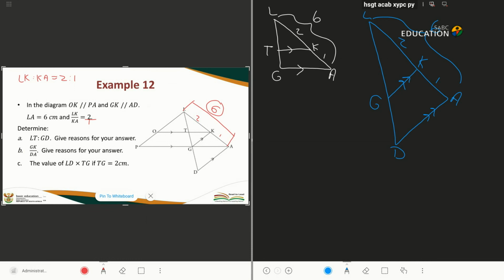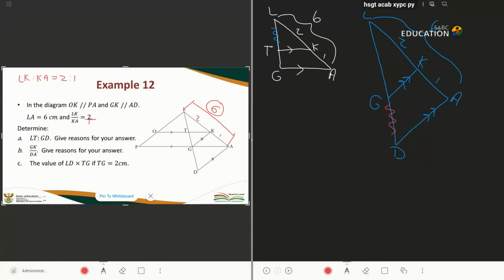Okay. So now you need to understand that in the one triangle, I can determine LT, and in the second triangle, I can determine GD. And then what I can do is then I can use that to get to LT to GD. Okay. So that will then be the easiest way to solve this question.